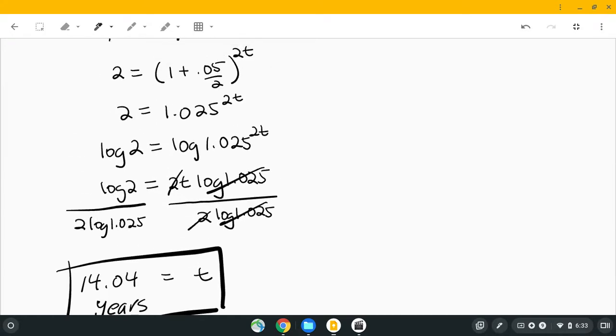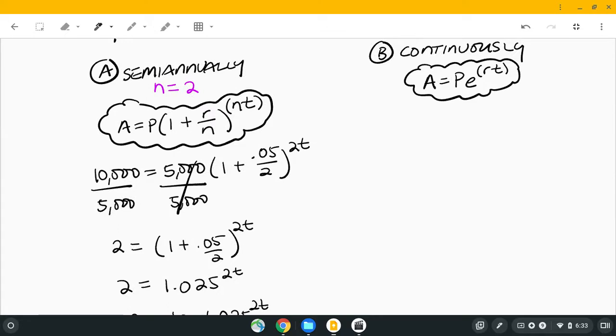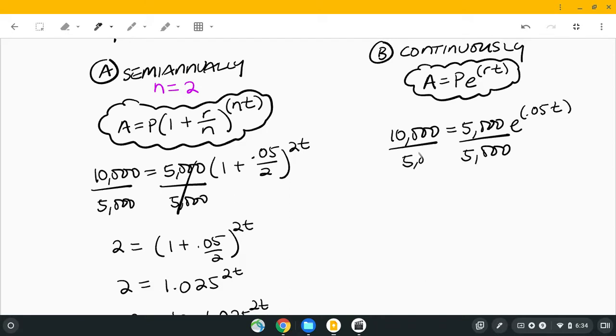All right, let's take a look at how long it will take for continuous compound. So 10,000 equals 5,000 e to the 0.05t, and we're solving for t. Divide both sides by 5,000 to get the exponential by itself. 2 equals e to the 0.05t.